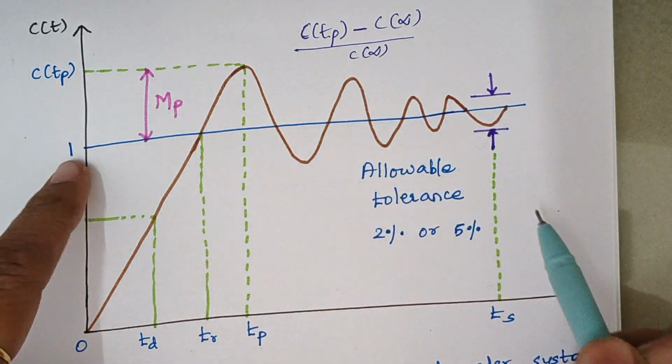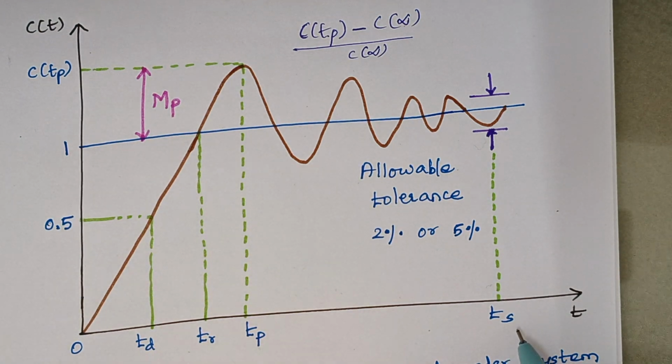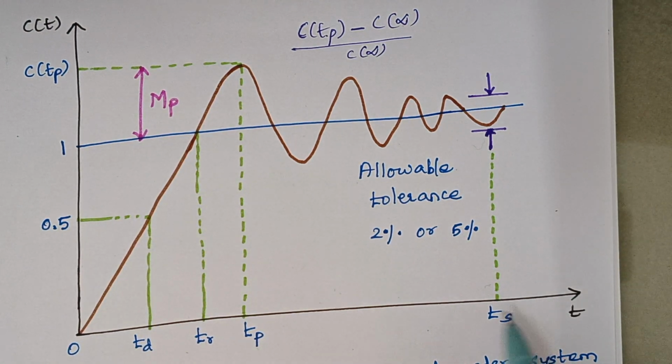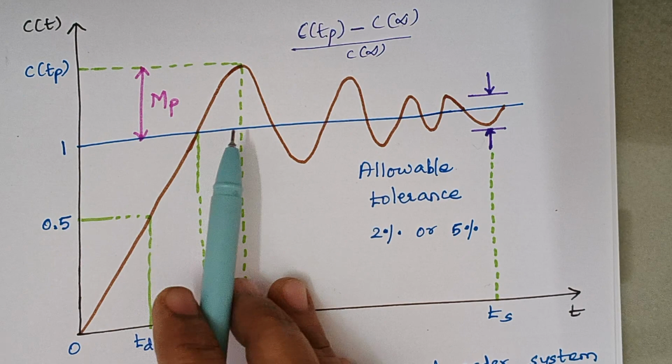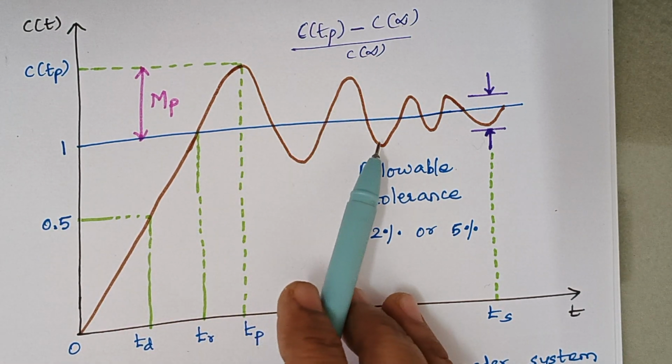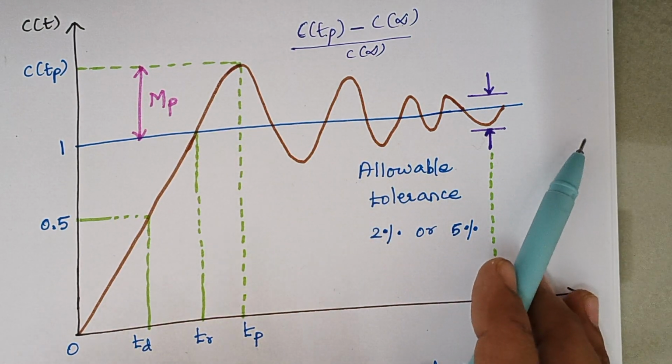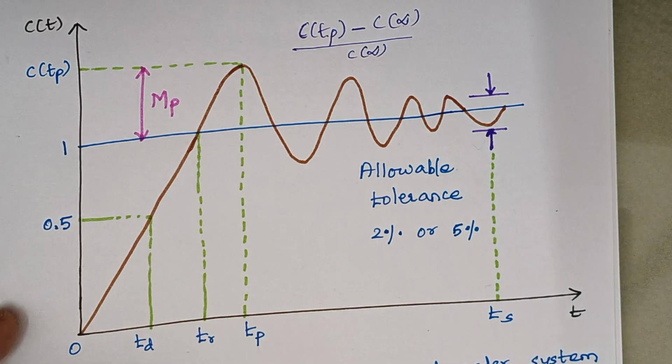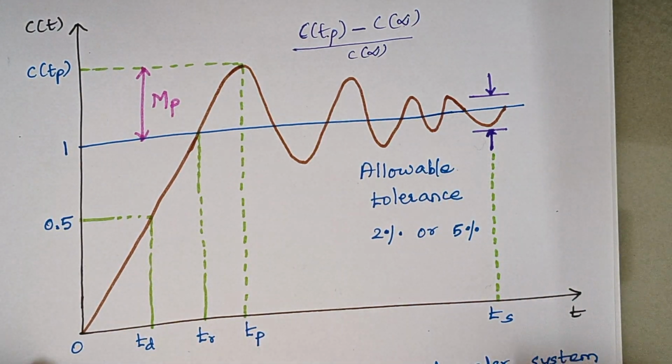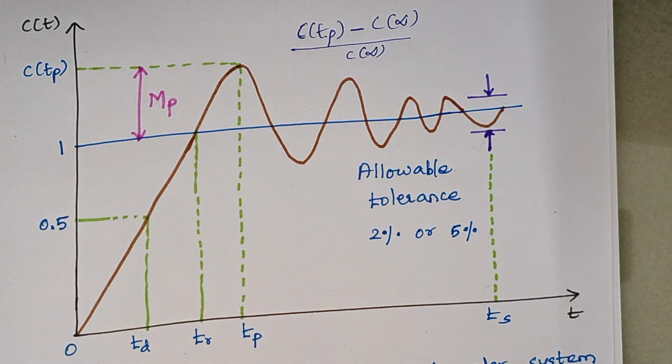Right. And the last one is your settling time. Here settling time is when the output response, after oscillating for a certain time, finally settles down. The time taken by the response to settle down is known as your settling time. And here there are some limitations.